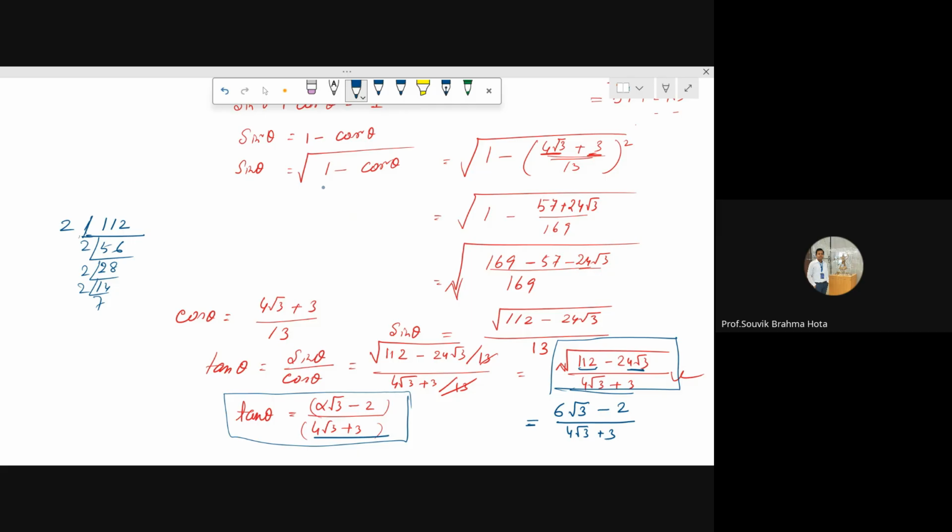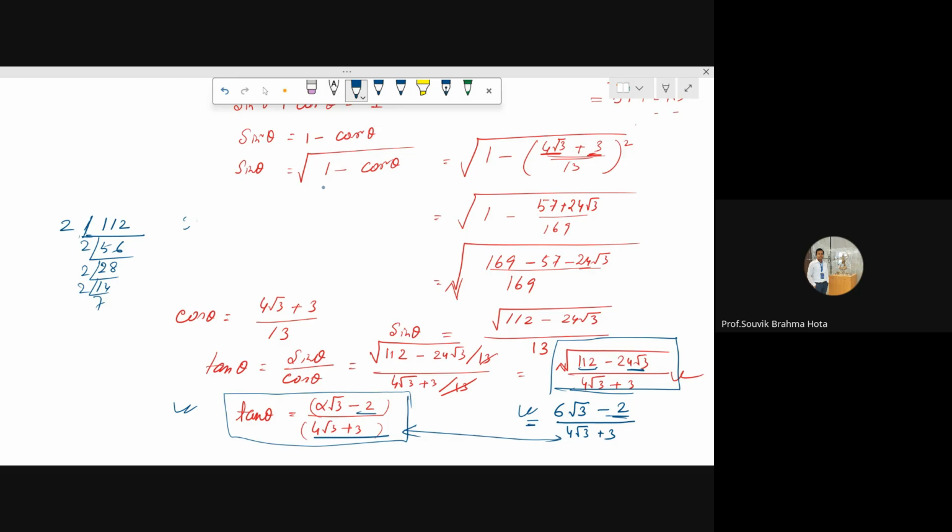Okay, I have simplified it. If you go through it, you can understand. Here it is 24 root 3. Now, if you compare this and this, you can find both the denominators are equal.